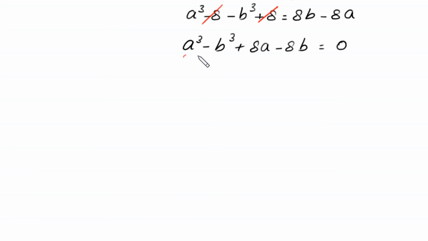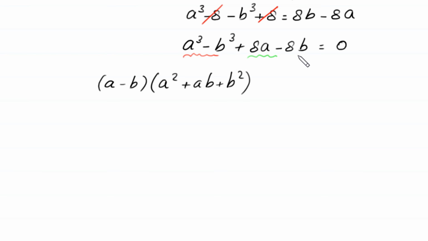Now this a cubed minus b cubed is equal to (a minus b) times (a squared plus ab plus b squared). From these two terms 8a minus 8b we can factor out 8 as common factor, and in bracket left a minus b is equal to 0.